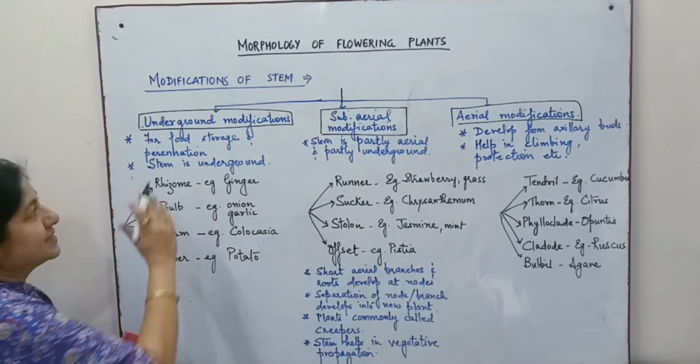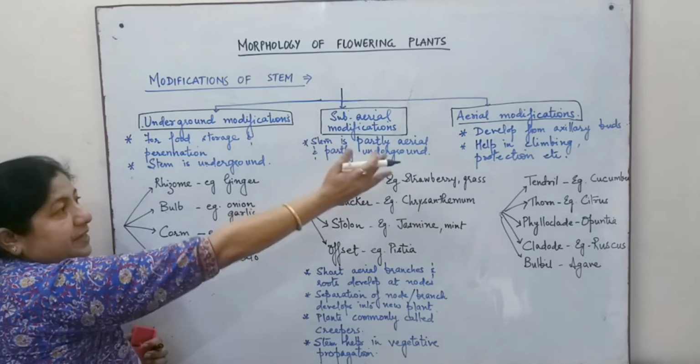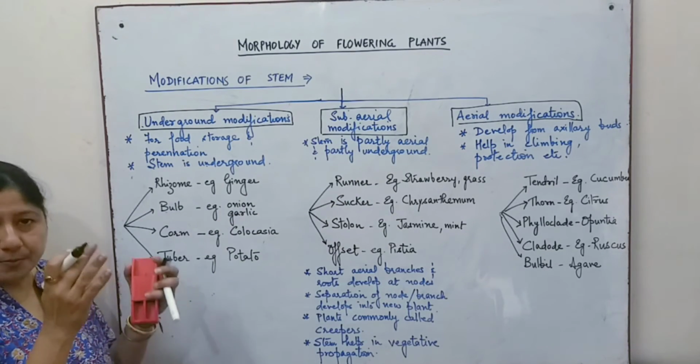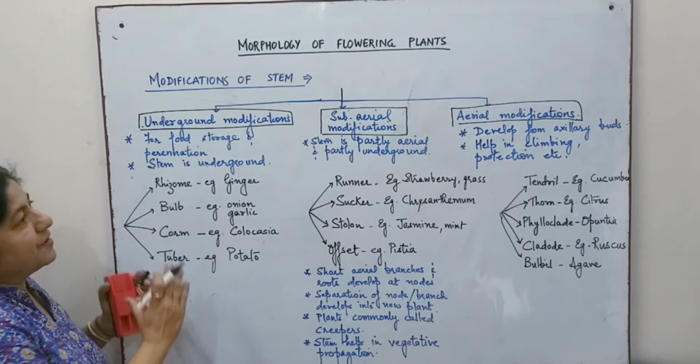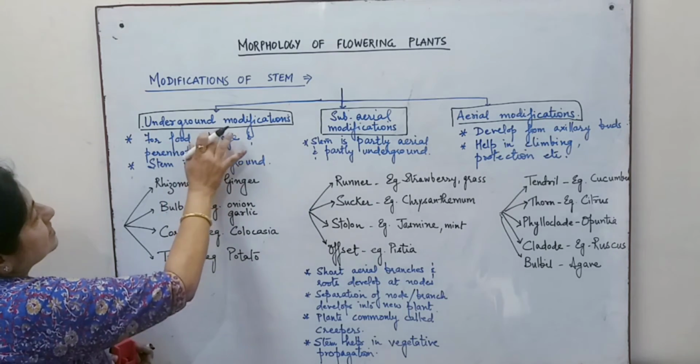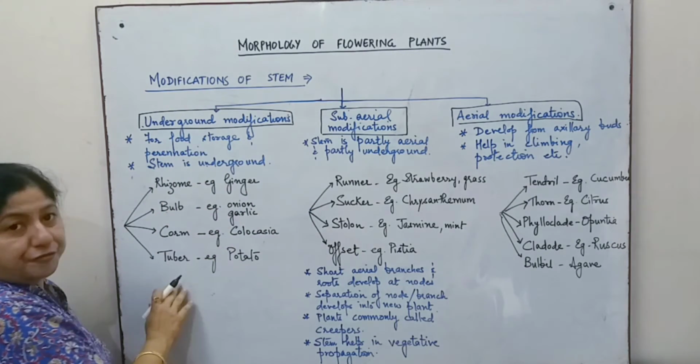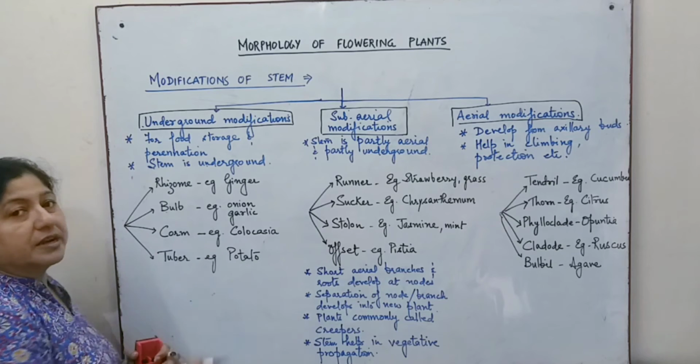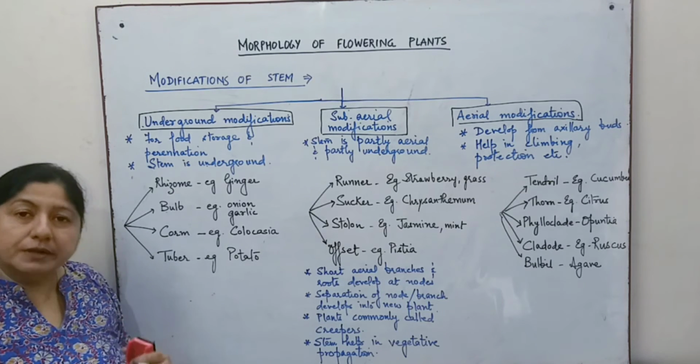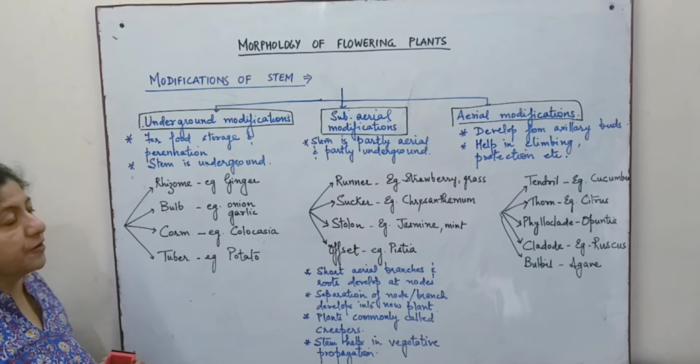So we find the stem undergoes three major modifications, depending upon the characteristics we have divided them into three, and these are further of different types. So we are going to study one by one what are the various types of modification.